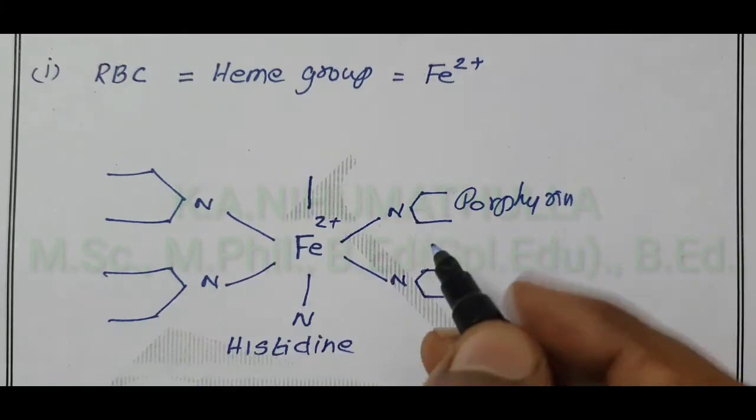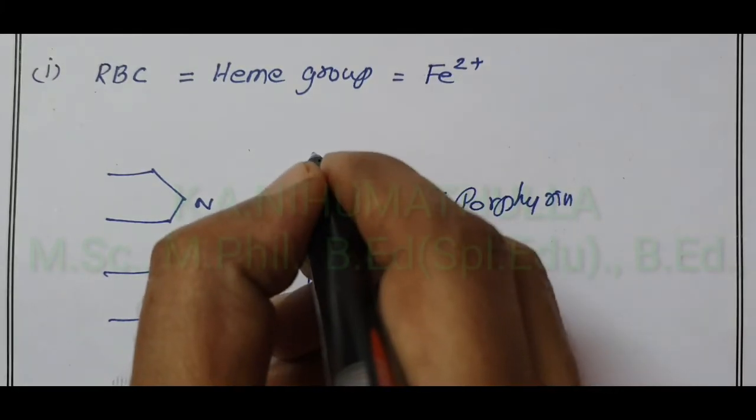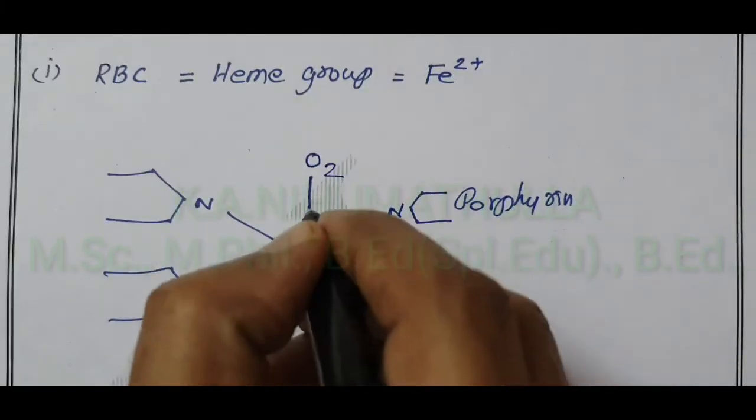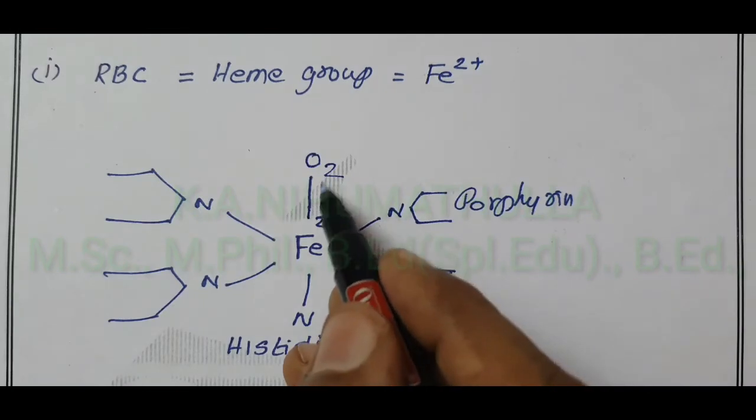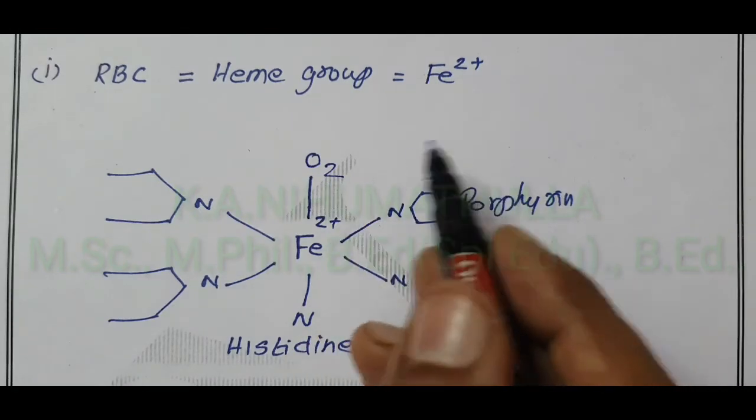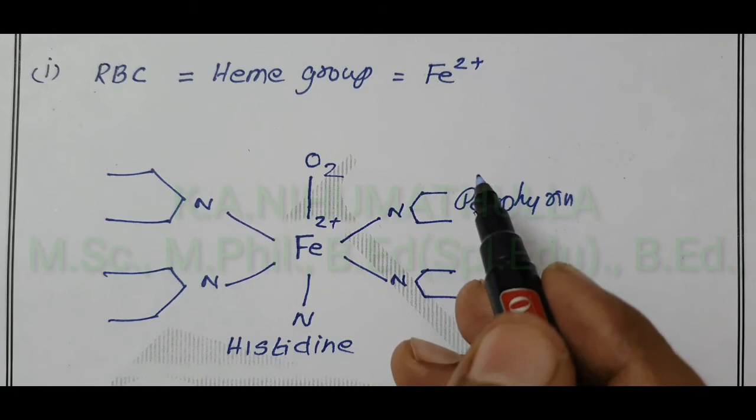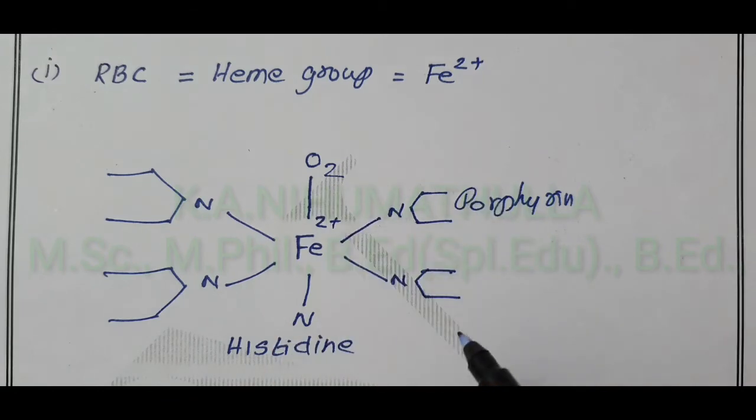That vacant bond is used to carry oxygen from the lungs to the tissues, and carbon dioxide from the tissues to the lungs.